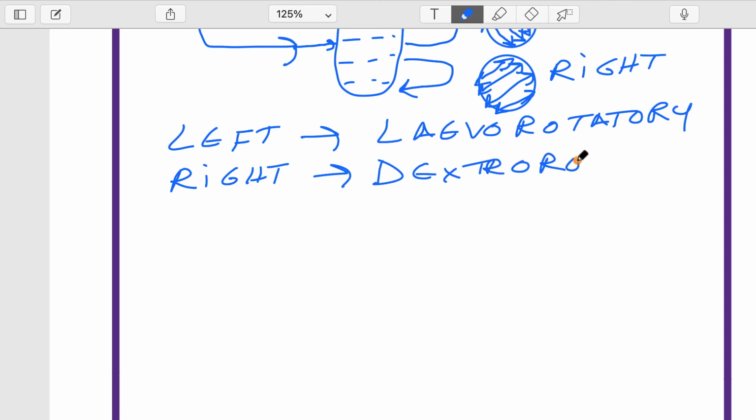It is very important to understand because we'll study this in carbohydrates, how monosaccharides behave. There is a capital D, small d. We say small l, also minus; small d is plus. Dextrorotatory and levorotatory.